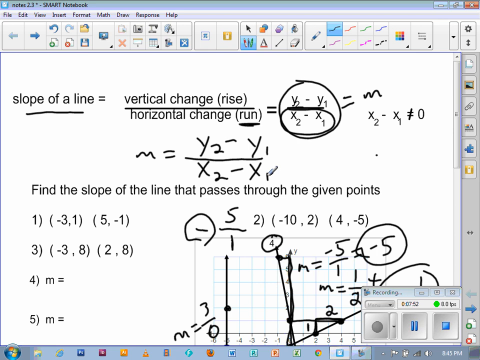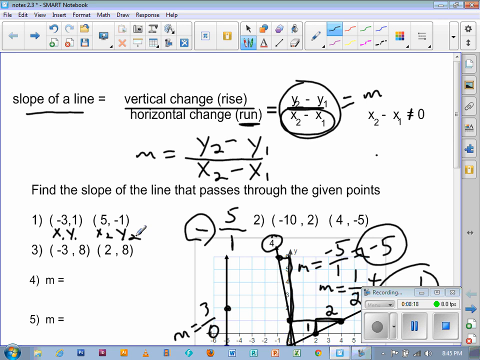If we do that here in problem number 1, we'll end up with the following. We assign the first coordinates as x sub 1, y sub 1. The second ordered pair is x sub 2, y sub 2. It does not matter which one you call x sub 1, y sub 1, and which one you call x sub 2, y sub 2. We just go in order if you like.